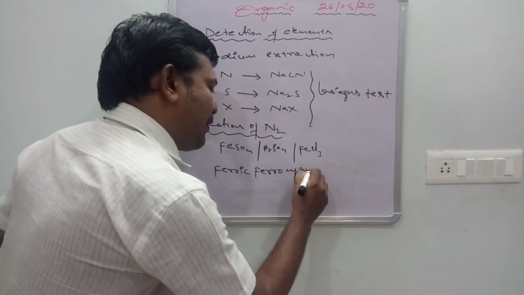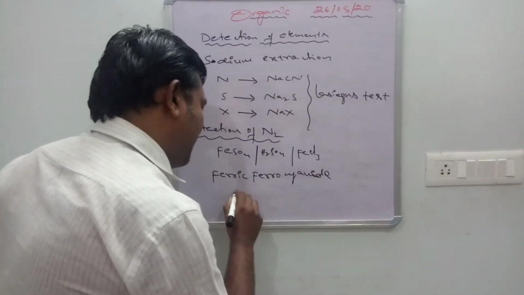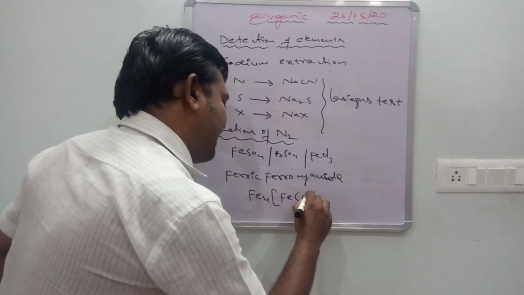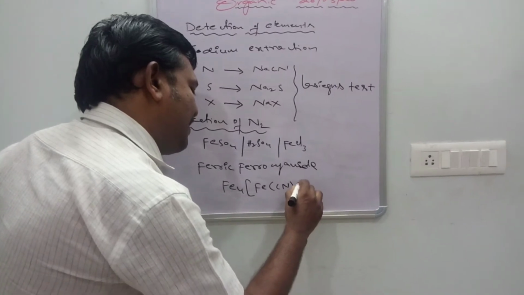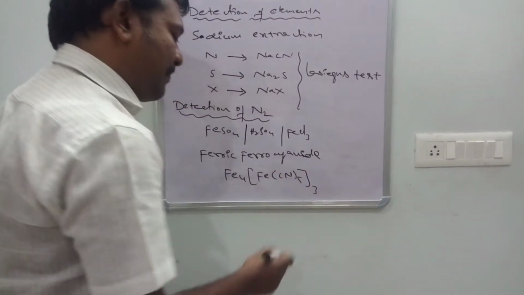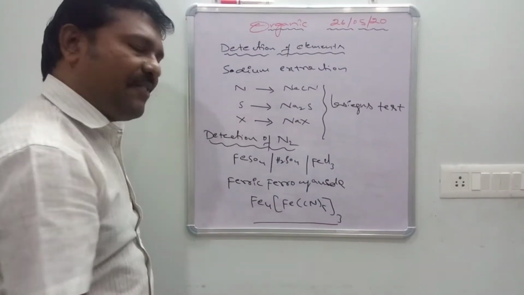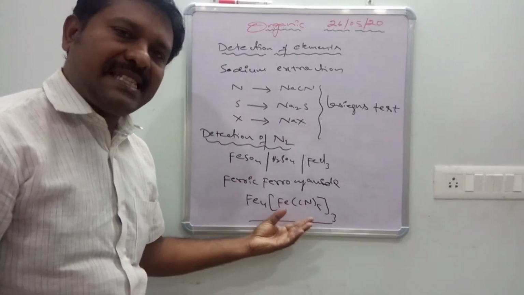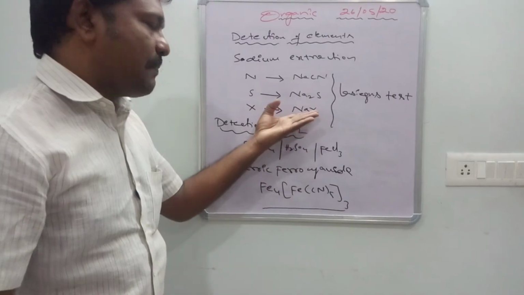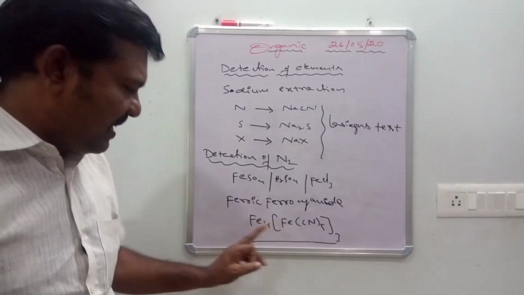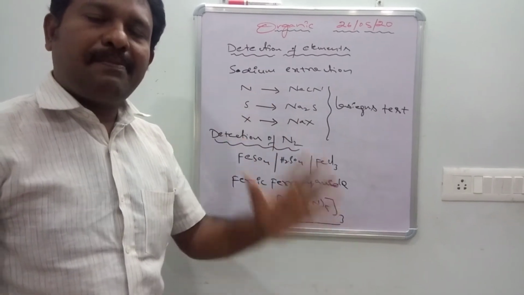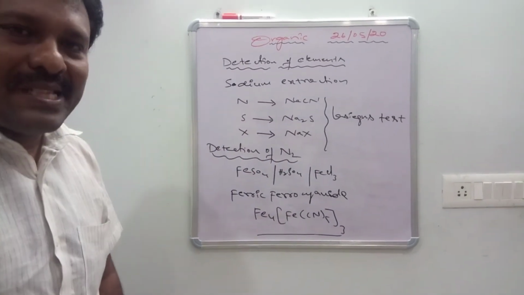Ferric ferrocyanide. The formula is Fe4[Fe(CN)6]3. The formation of this complex indicates the presence of nitrogen. That is very important: ferric ferrocyanide indicates the presence of nitrogen.